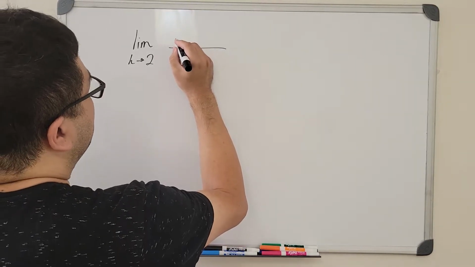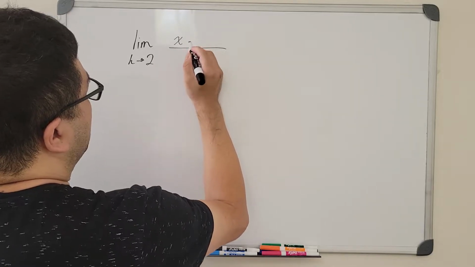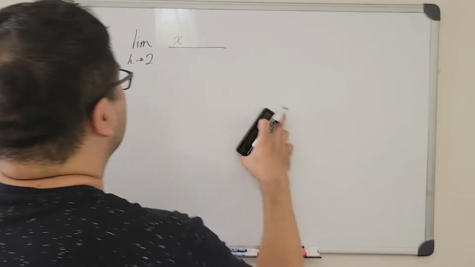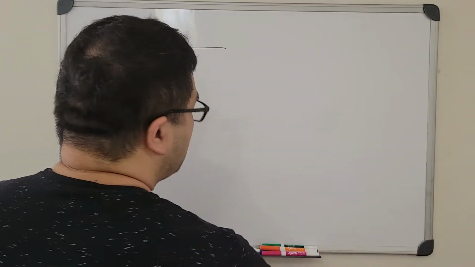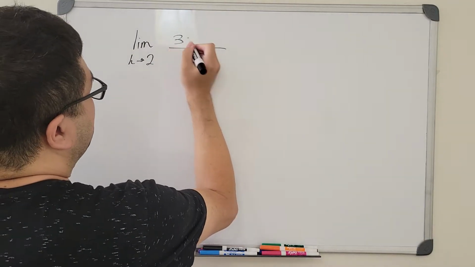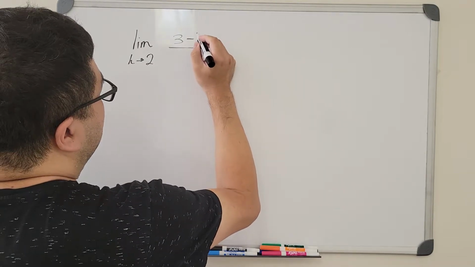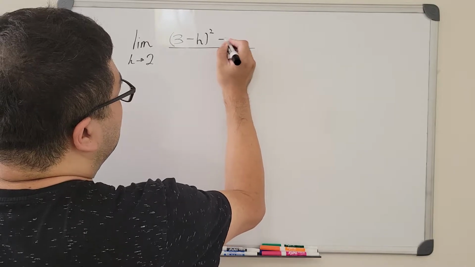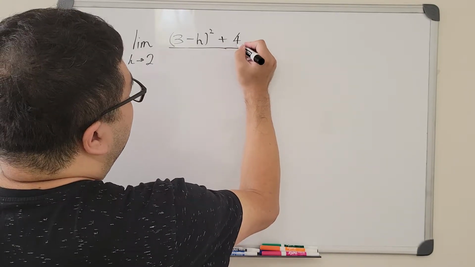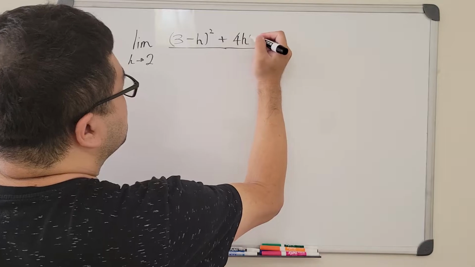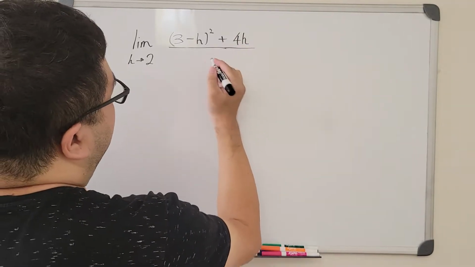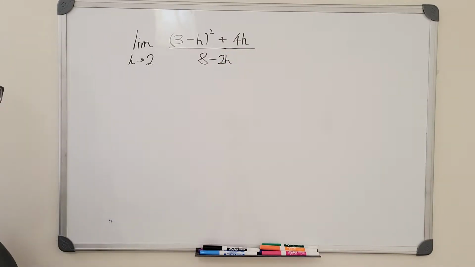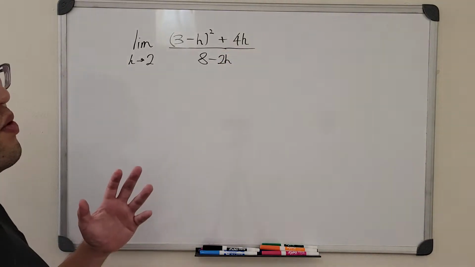For example, let me go with some values. Let's say we have 3 minus h squared plus 4h divided by 8 minus 2h. Then how are we going to do it?